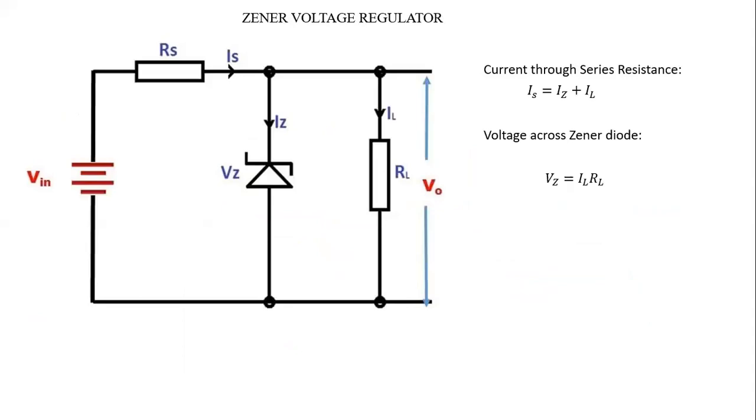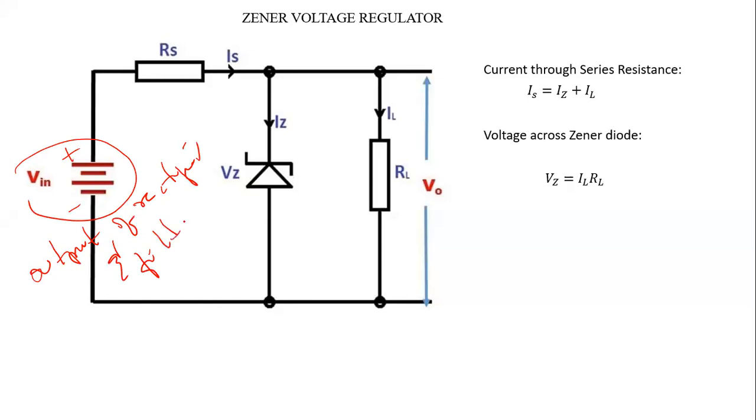So in the morning, we were talking about general voltage regulation, and we said that this DC supply here represents the output of a rectifier and filter. After the rectifier, the output was like this.